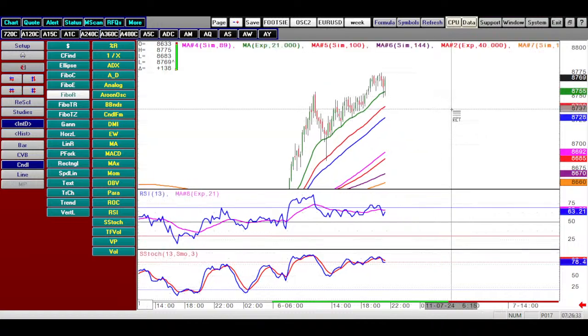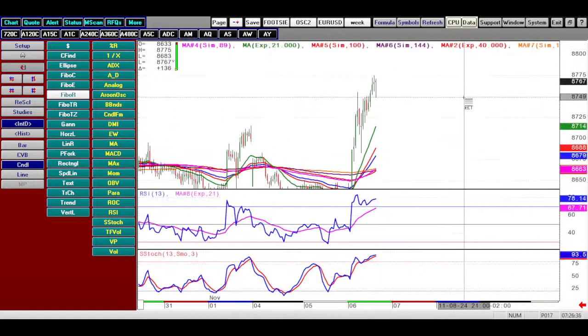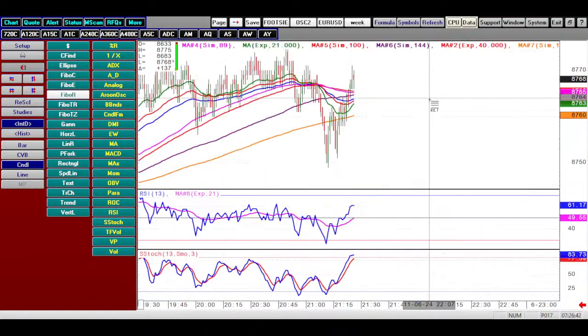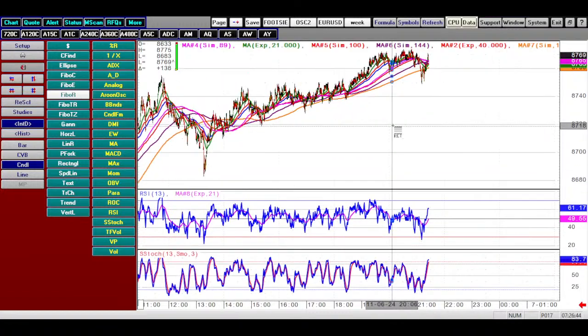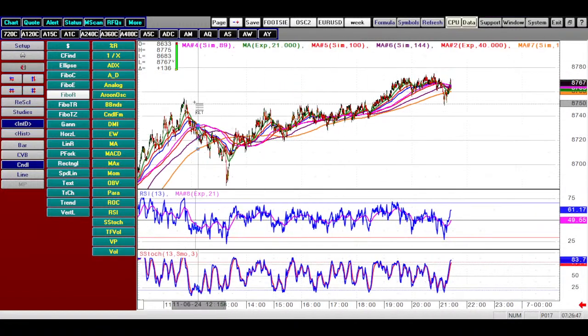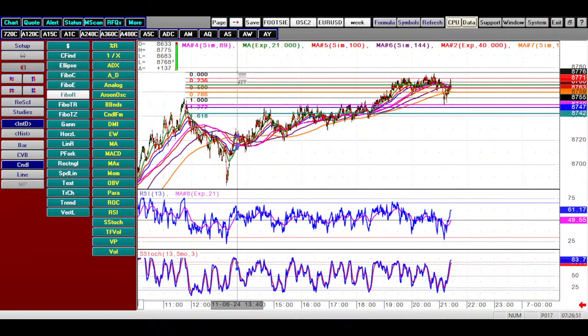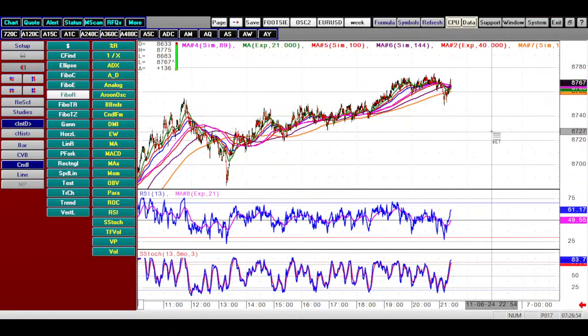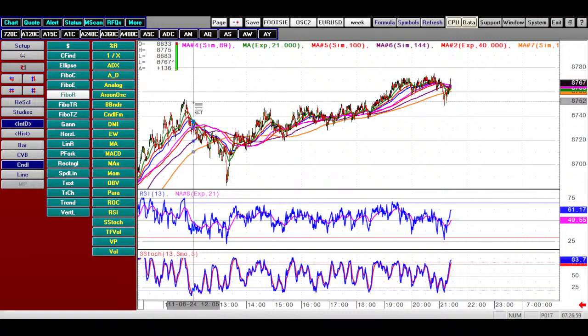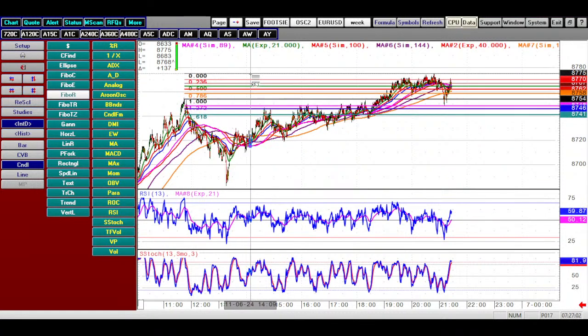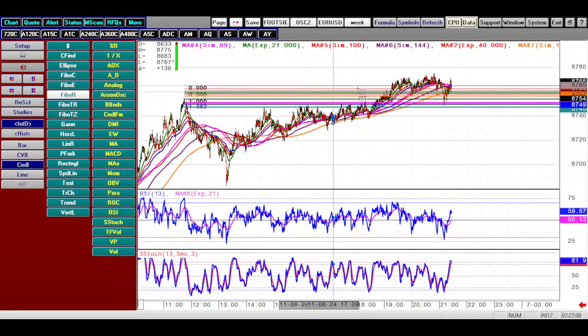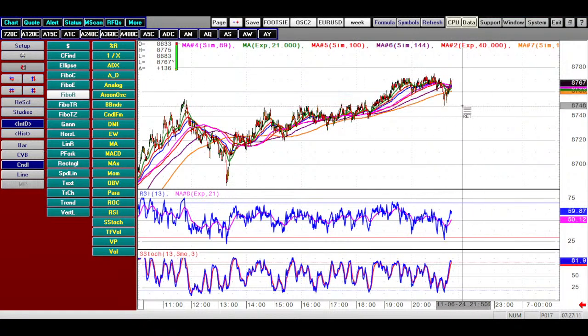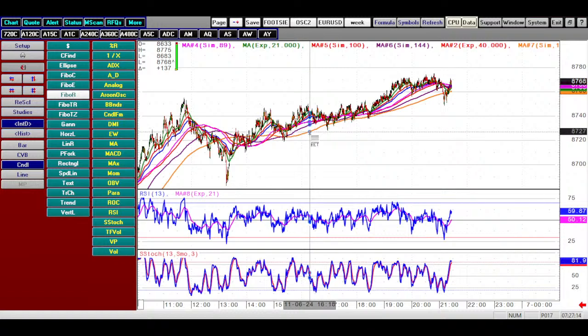Let me see what is the hourly. So we'll try to enter at 87.50. Stop at 25 and exit at 87.95.